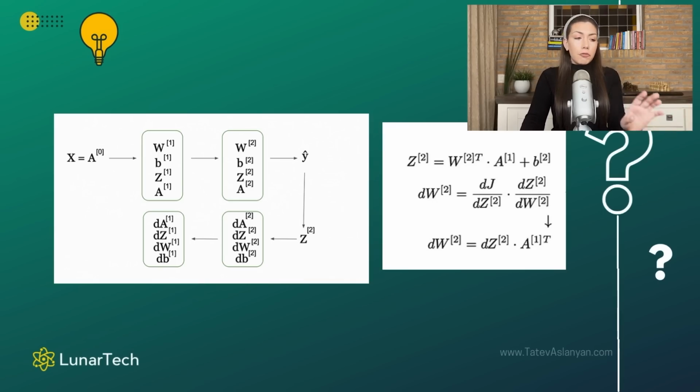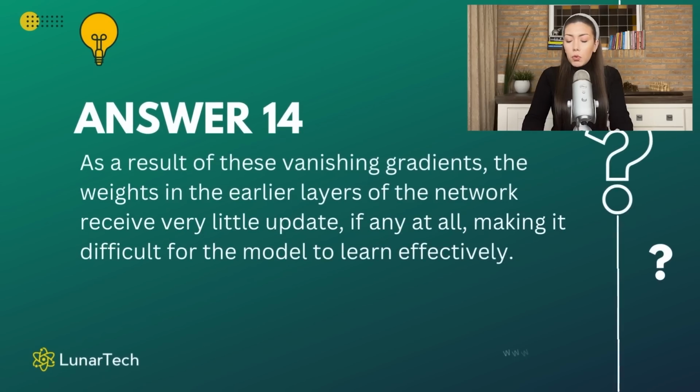When the gradients become very close to zero, it means that we have nothing then to update our weights and our bias parameters. When we can no longer update our weights in our model, it means that the network is no longer able to properly learn, especially from the earlier layers when the gradient is vanishing.